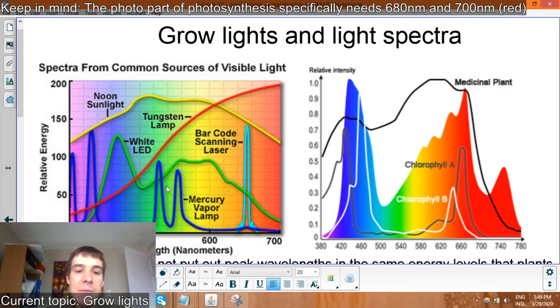And a mercury vapor lamp, like those fluorescent tubes that you see in office buildings, and those little light bulbs with the spirally pattern that are basically tiny versions of those, are terrible in the red, really good in the green and kind of the blue over here.